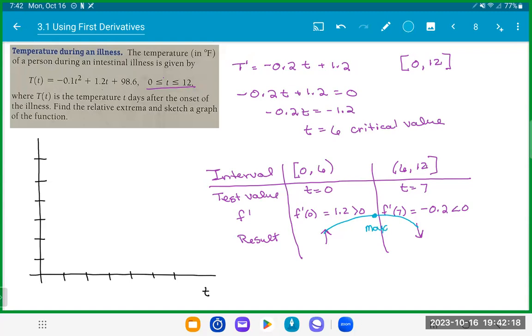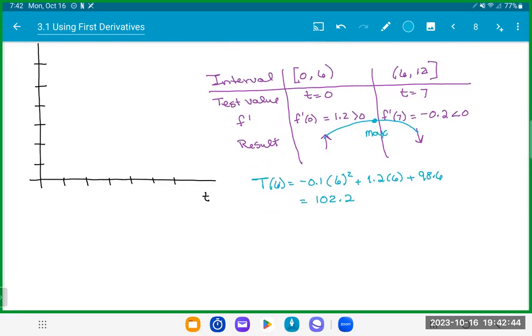So we can plug that back into our original equation. The function evaluated at 6 is going to give me negative 0.1 times 6 squared plus 1.2 times 6 plus that 98.6. And you will see that that is 102.2.